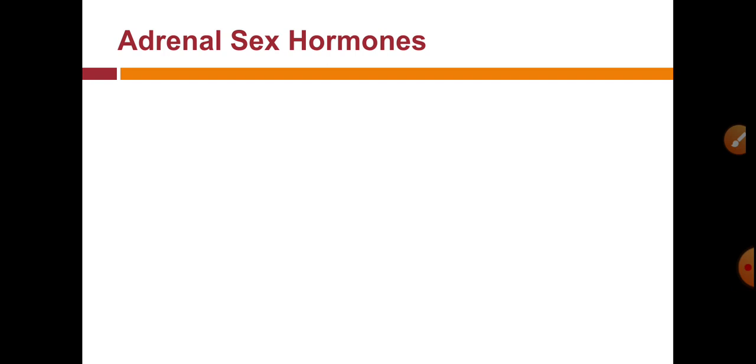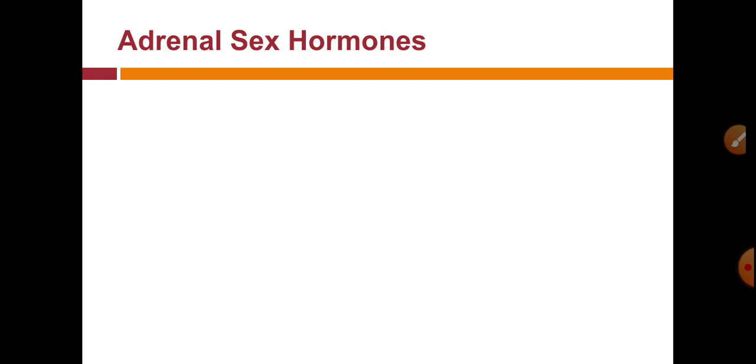Why is it called small quantity? Because these hormones are secreted in less quantity as compared to the testes. The testes secrete more androgens, but the zona reticularis secretes less quantity of androgens. So the zona reticularis is the source of these adrenal sex hormones.